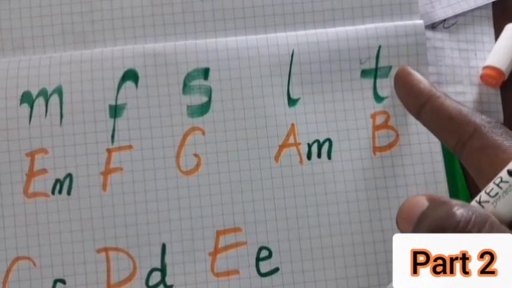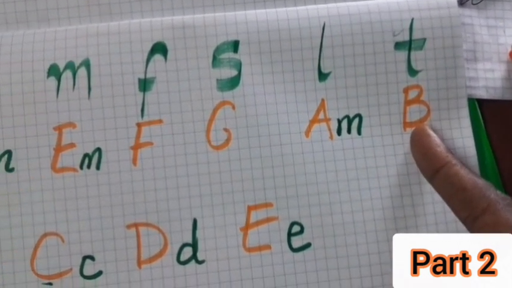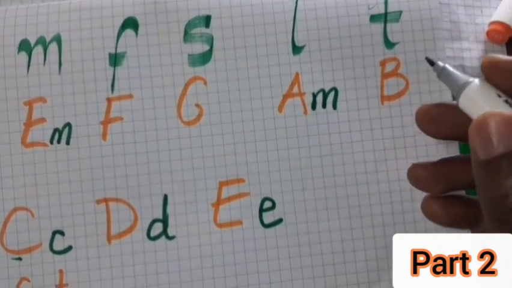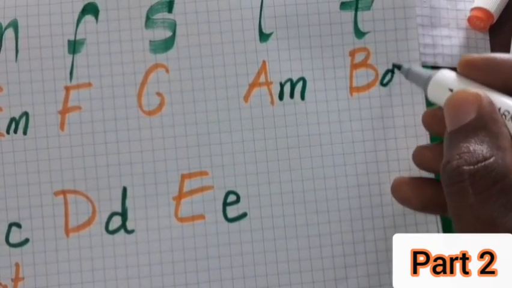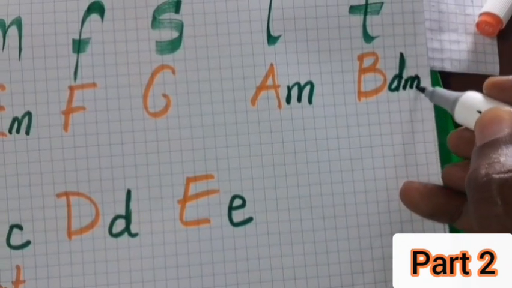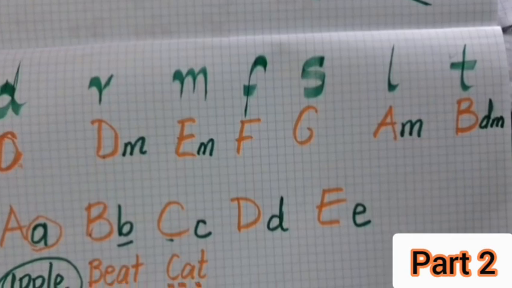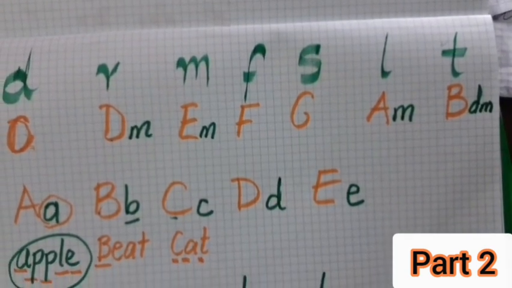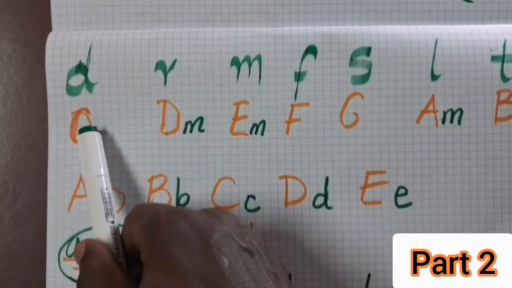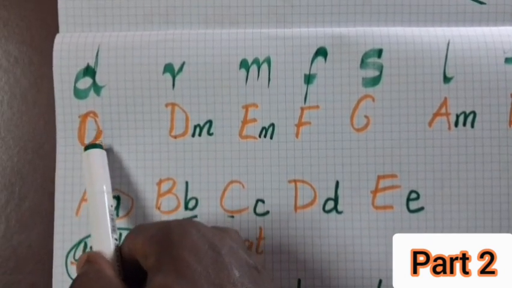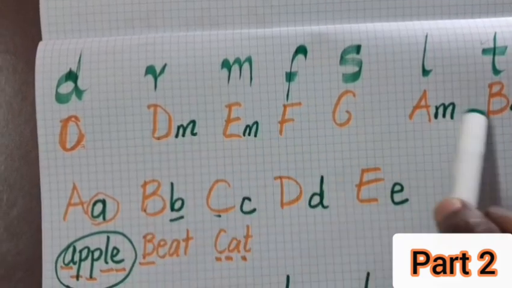And for ti to sound, we are not going to leave it as B. We are going to convert B to B diminished. So now this is what we have. Now to arrive at this, we are going to split the triad of C, D, and everything.